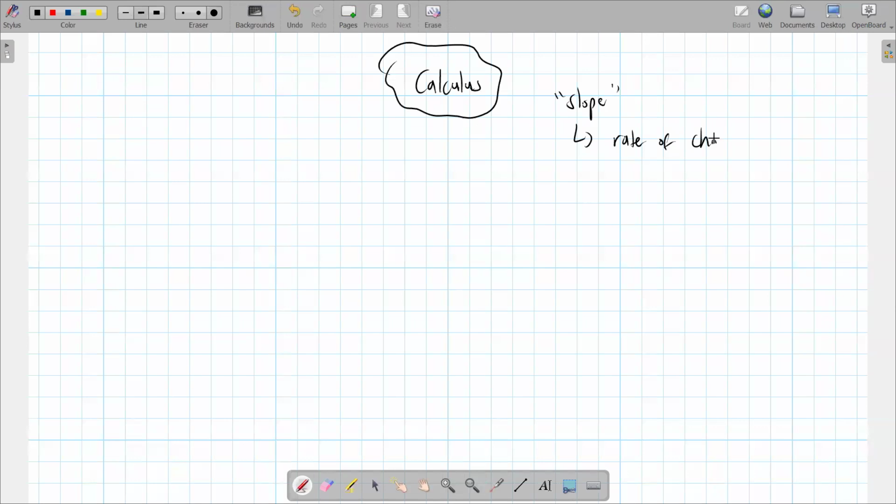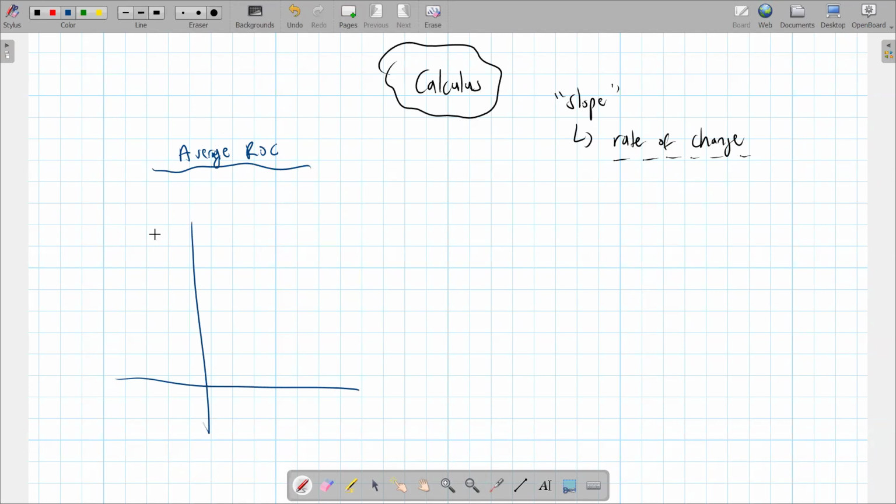We use the word rate of change. We have done this in the past. There's two types of rates of change. The first one is called the average rate of change. ROC means rate of change. Let's say you have a curve like this.